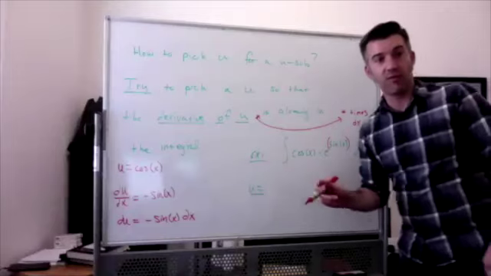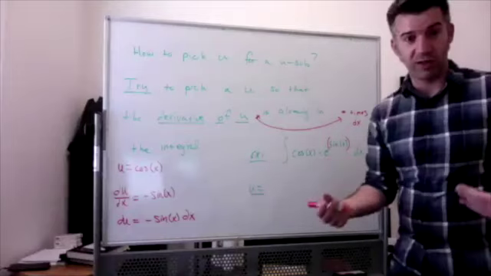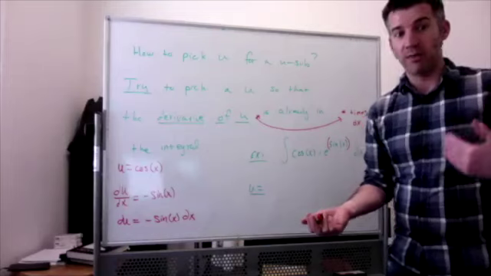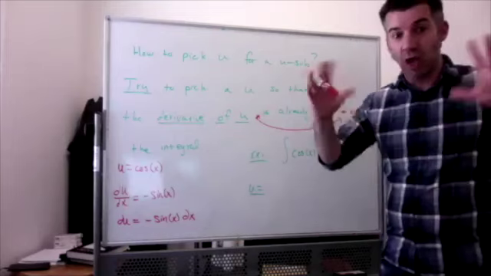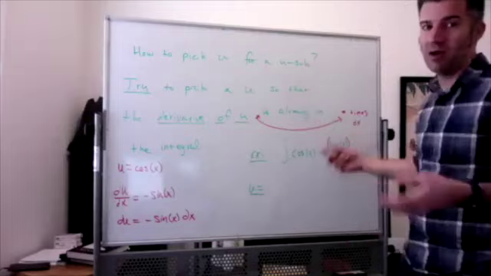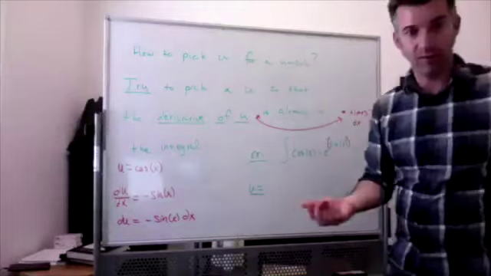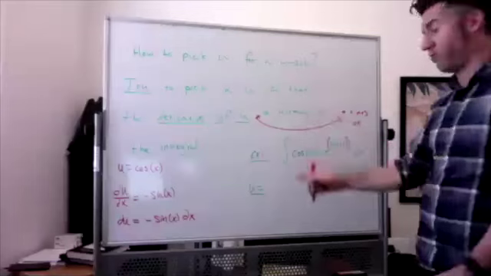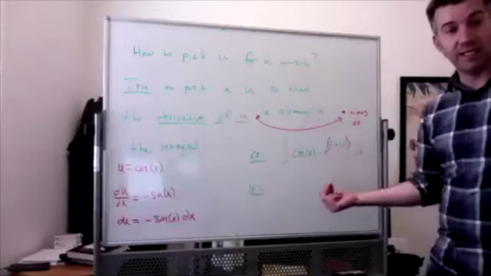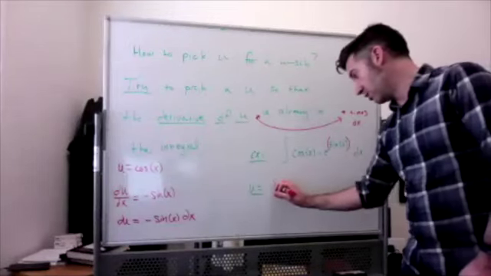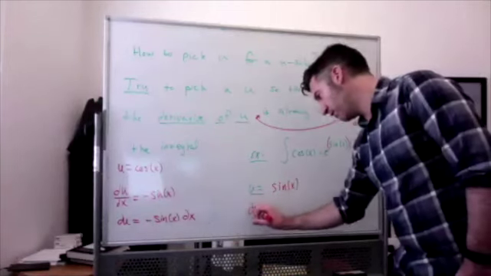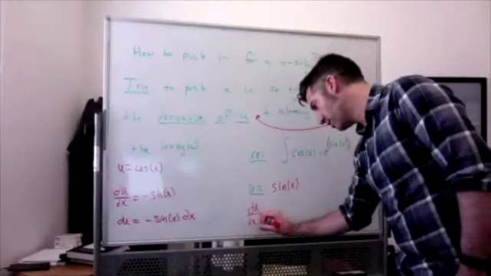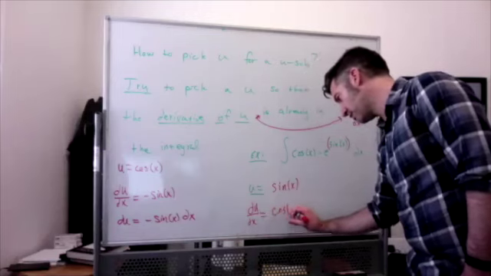So what you're really looking for is the derivative of your choice for U to show up as something being multiplied by dx. Meaning it basically can't be stuck somewhere else. It can't be in an exponent or in a square root or whatever. So in this particular problem, sine of x is the correct choice for U. We let U equal sine of x, then du dx is equal to cosine of x.